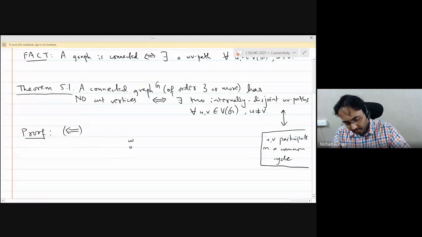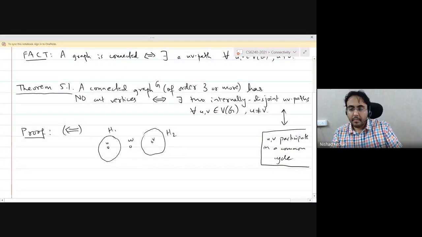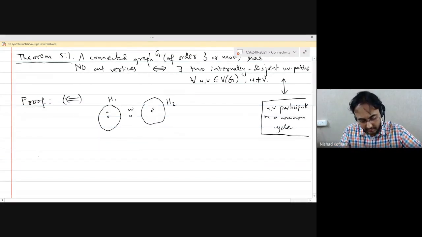Call them H1 and H2. Take a vertex U here and take a vertex V here. Observe that any path between U and V must necessarily use the vertex W. Therefore, you cannot get two paths that both do not use the vertex W. So that's easy, and I won't write down all the details.